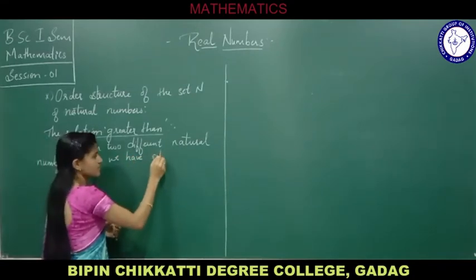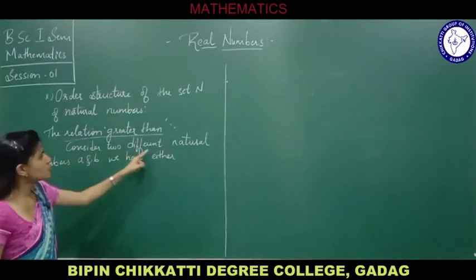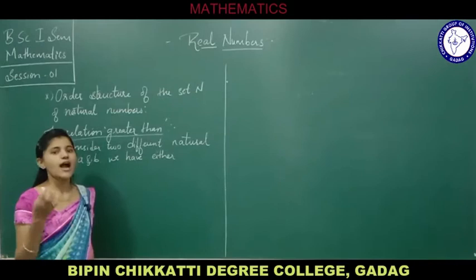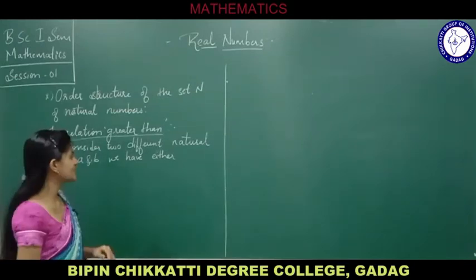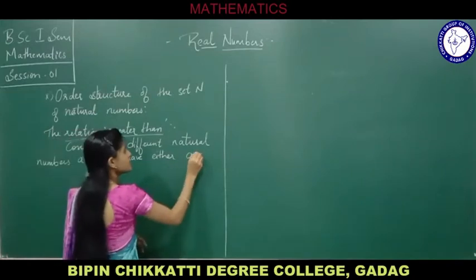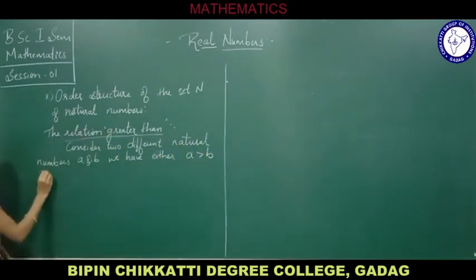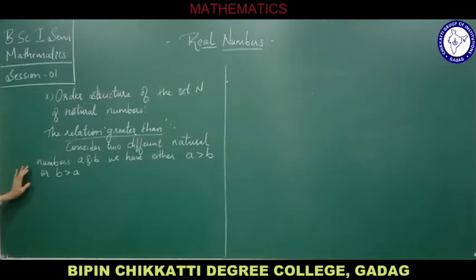We have said two different natural numbers, in the sense that either a will be greater than b or b will be greater than a. We have either a greater than b or b greater than a.